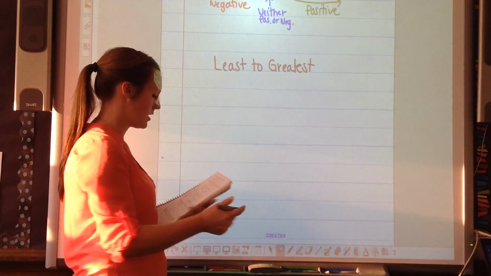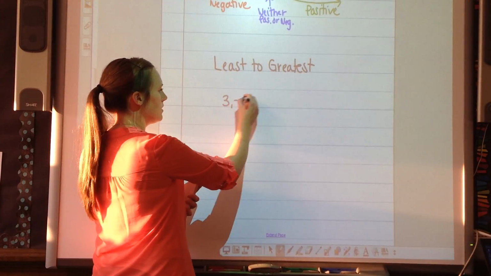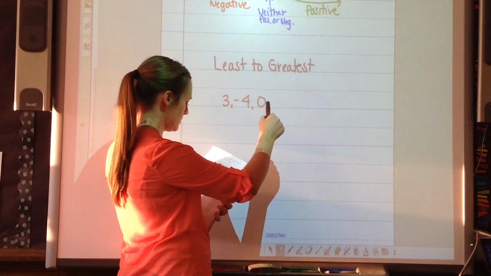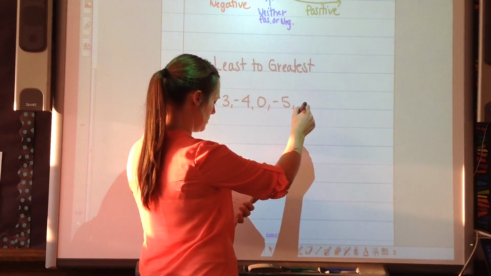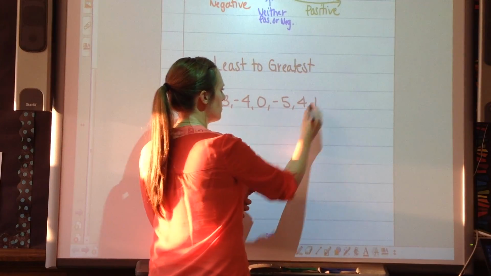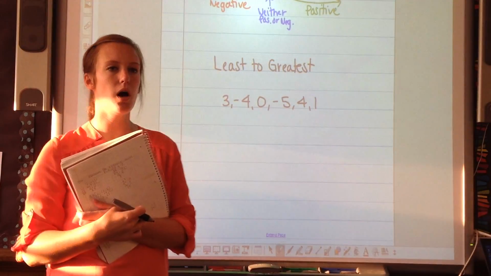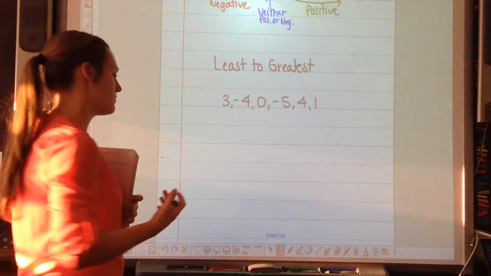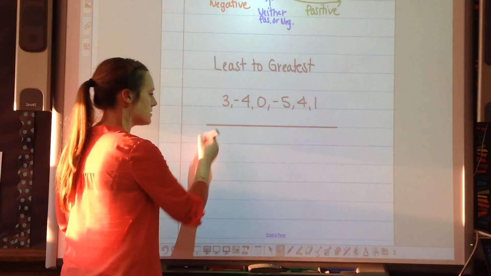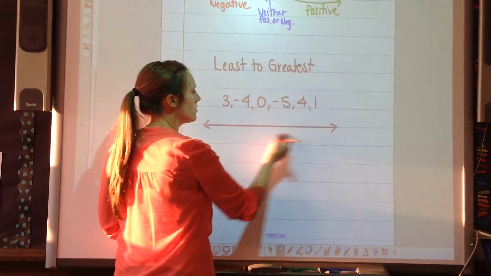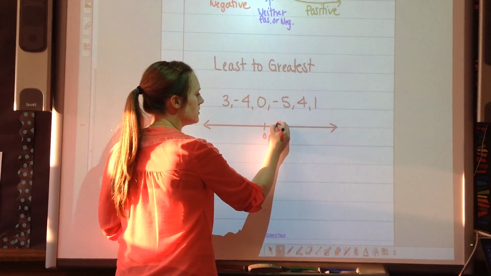Okay, so let's say we have 3, -4, 0, -5, 4, and 1. The smallest number is always going to be the furthest left on the number line. So I'm going to draw a number line to represent these numbers. And it's going to help me order them from least to greatest.